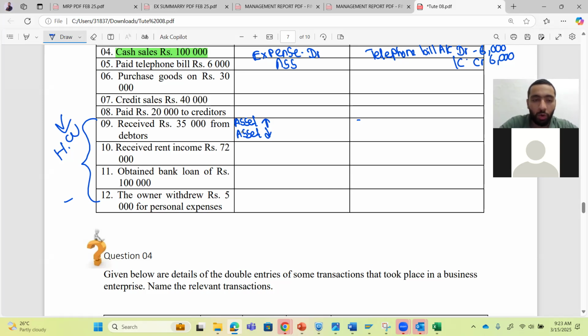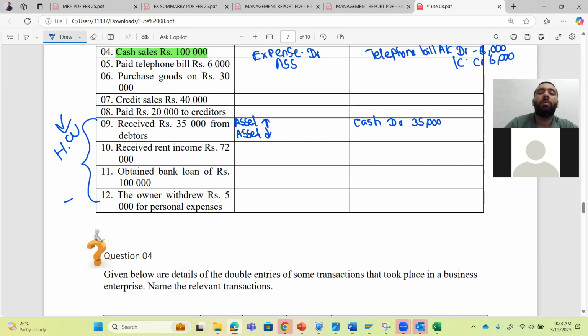Okay, so here you are receiving cash, which means your asset account goes up. That means cash is going up. Cash debit, how much? 35,000. We all know that, right? You are receiving money. It is only affecting assets and not income.